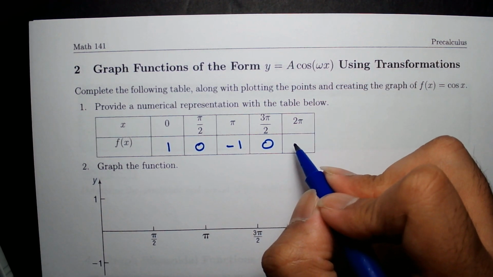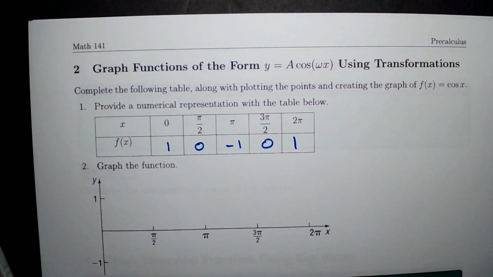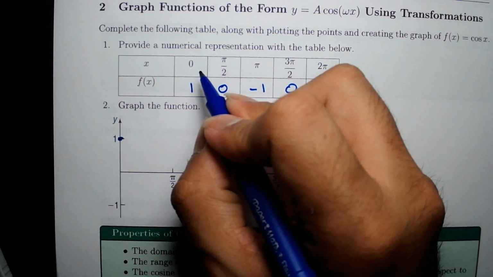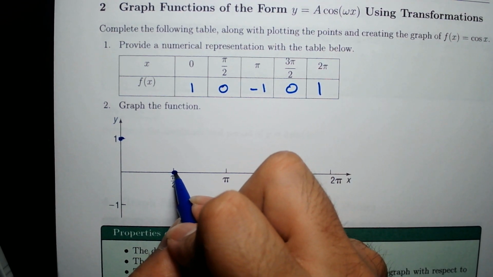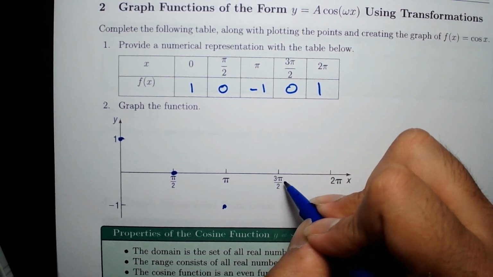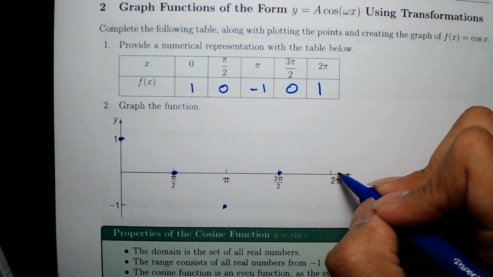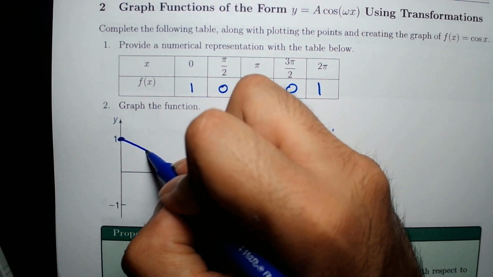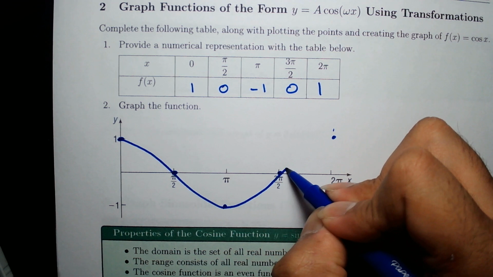And cosine of 2 pi is 1. Let's plot these points: 0, 1; pi over 2, 0; pi, -1; 3 pi over 2, 0; and 2 pi, 1. So the graph is going to look like this.